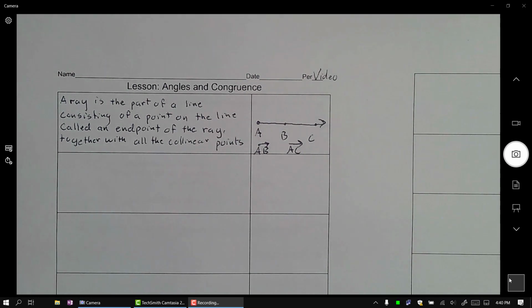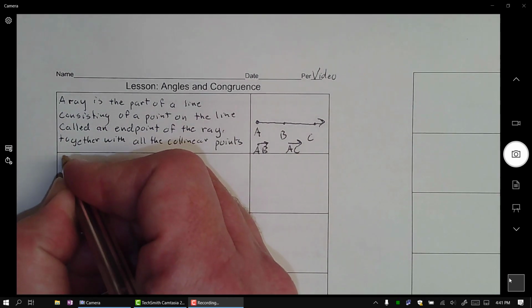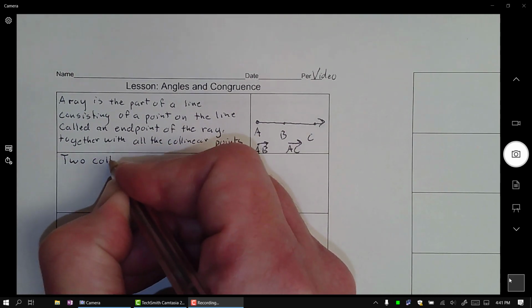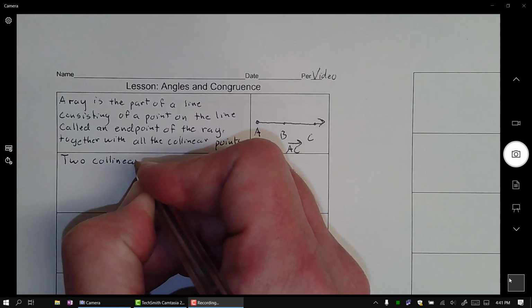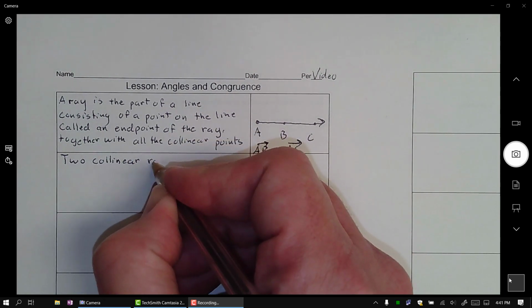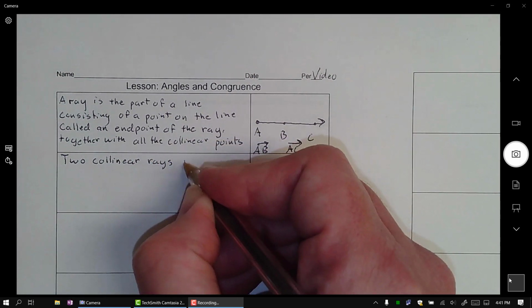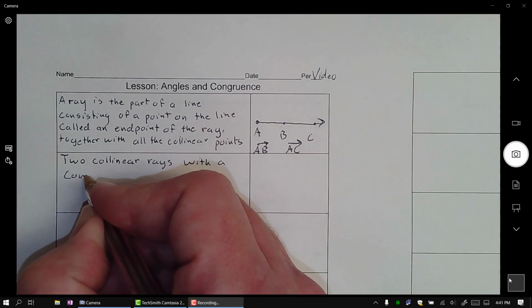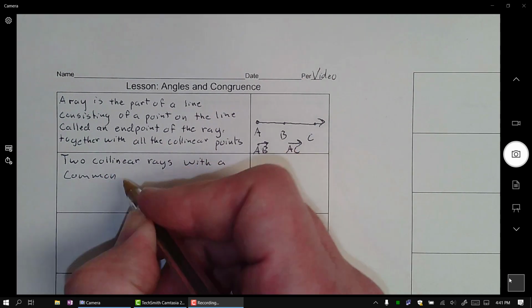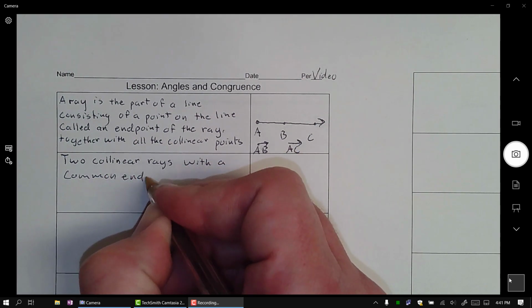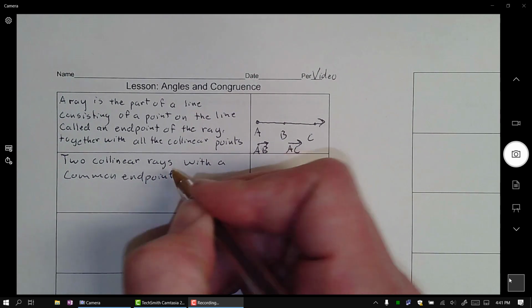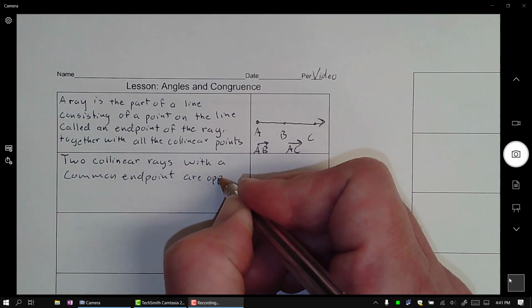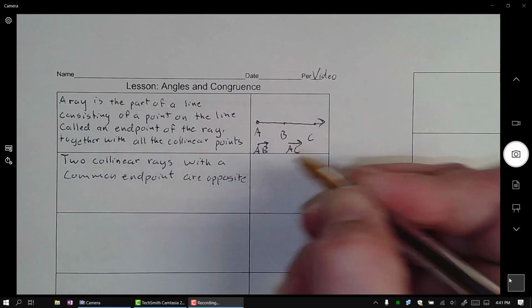Our next one we're going to take a look at is two collinear rays with a common endpoint are opposite rays.